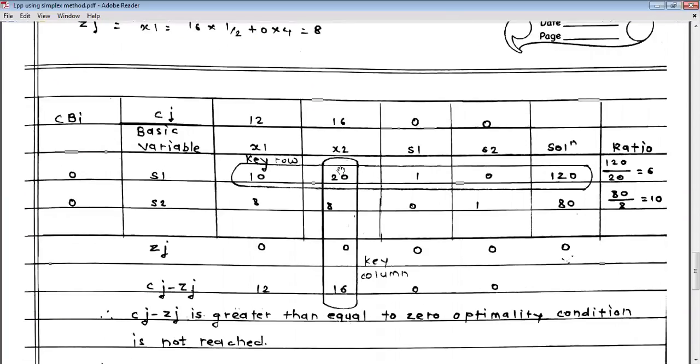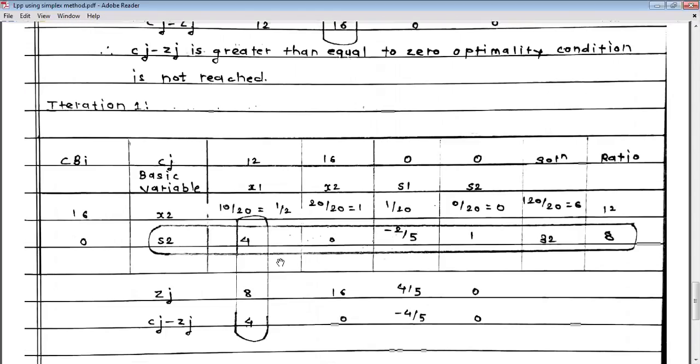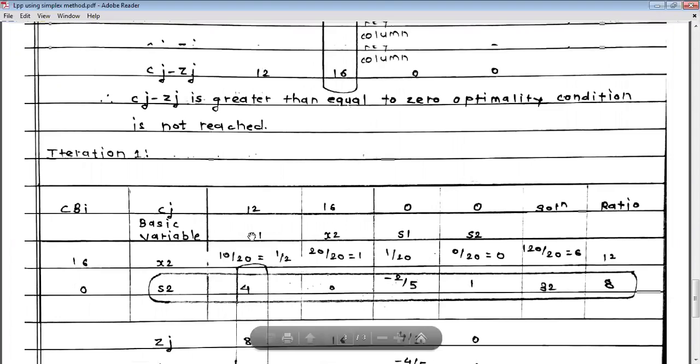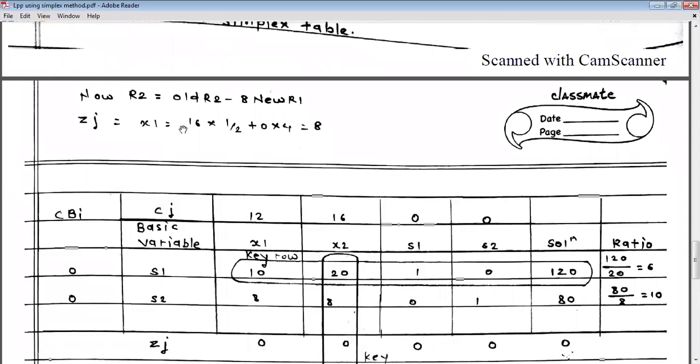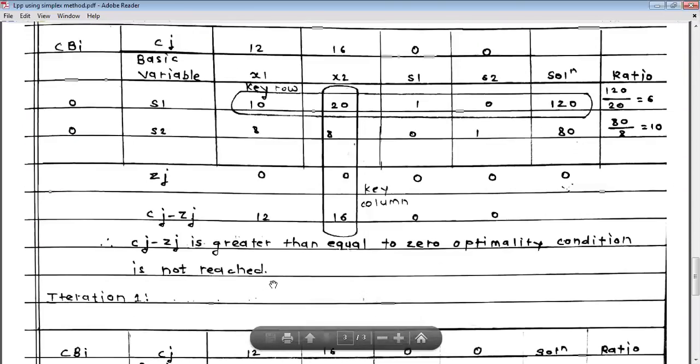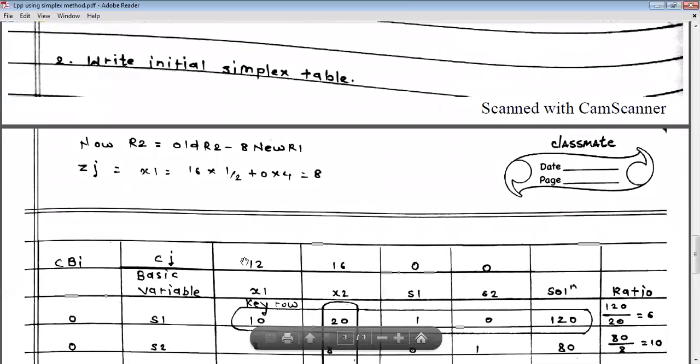So after we do this, we will be getting these values: 4, 0, minus 2 by 5, 1, 32, and 8. So I have just shown you here one example. Now the old R2 value is 16, in case of x1, I'm calculating for the x1 value. So the old R2 value is 16 into 1 by 2 plus 0 into 4, that will give you 8, or you can use this formula.